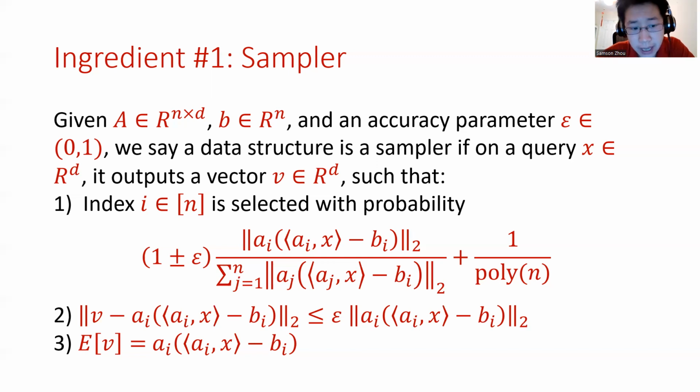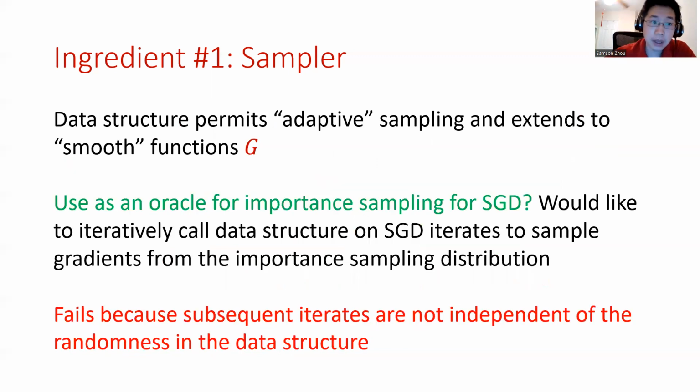So the difference between V and the vector that it should output is roughly an epsilon times the 2 norm of the vector that it should output. All step 2 is saying is that V is pretty close to the gradient that it should output. And crucially for SGD, this vector V needs to be an unbiased estimate of the actual gradient. Okay, so we say a data structure is a sampler if it guarantees these 3 properties.